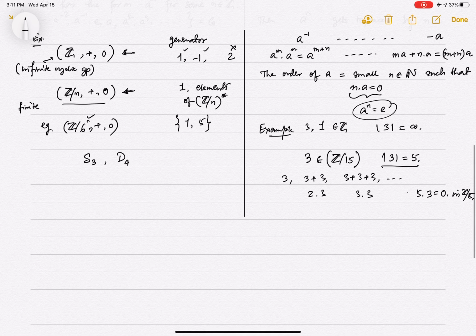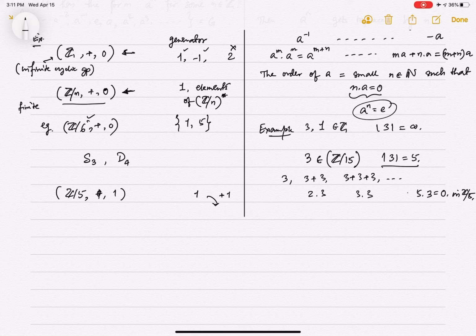And let me explain the word cyclic here. So for example, if you take Z mod 5, 1 is a generator. You apply the group operation to itself, which is plus 1 here.